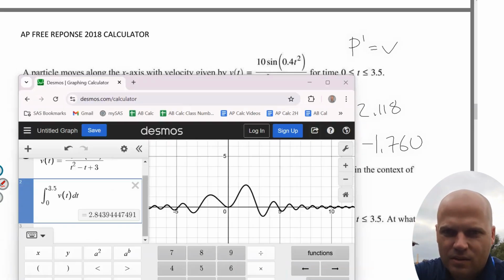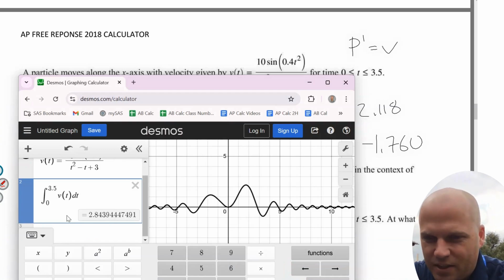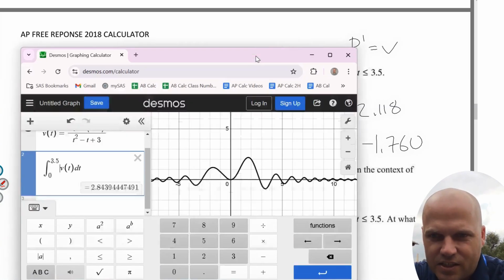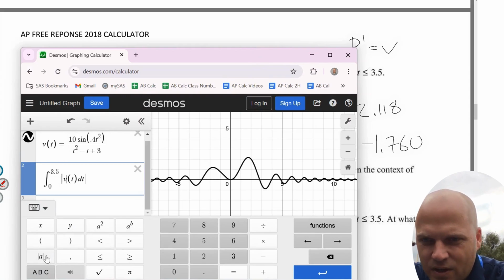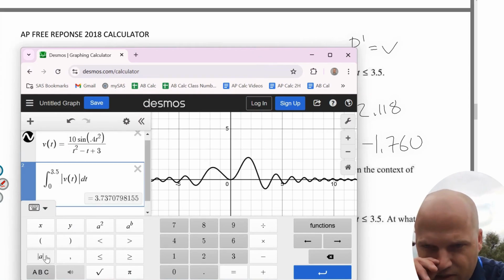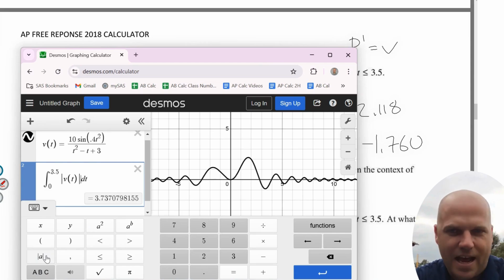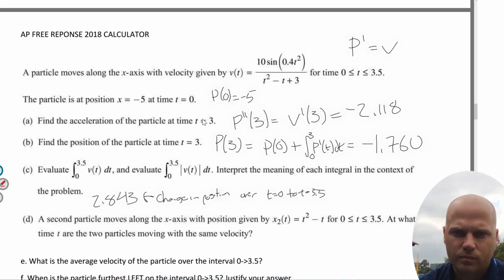What would that be? It'd be the displacement. I mean, not the displacement, the distance. If I add the absolute value, I'll accumulate all my positive things. Distance. You could also find that by separating it out and looking at 0 to A, A to blank. So 3.737.